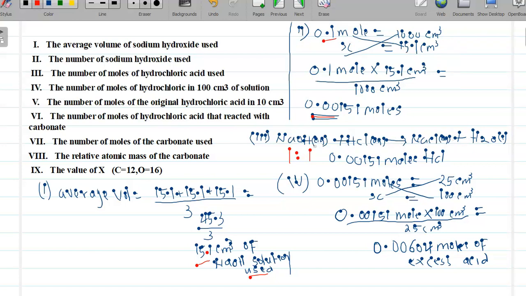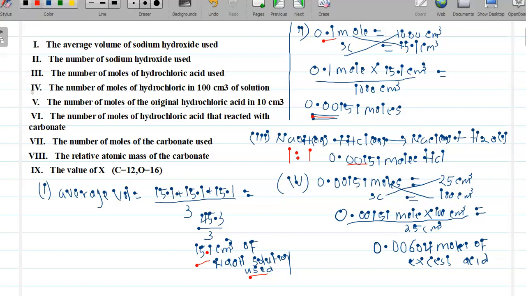So you balance the equation. This is already balanced, and the mole ratio is 1 to 1. Since the mole ratio is 1 to 1, the number of moles of the acid also remains the same, which is 0.00151, the same as the base. Then that's how you do question Roman 3.